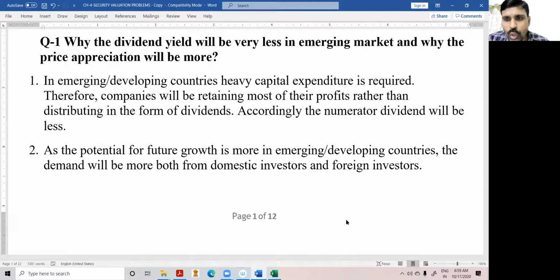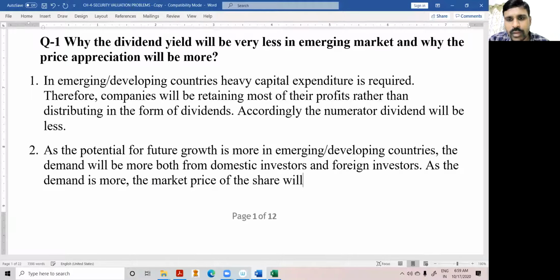Here, since the demand is more, the price is more. As the demand is more, the market price of the share will be more. Accordingly, the dividend yield will be less.